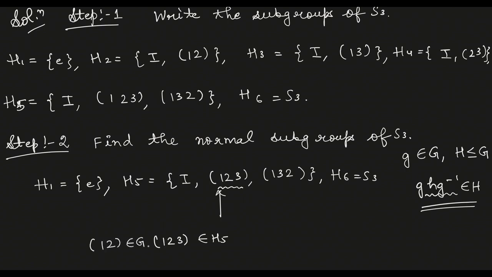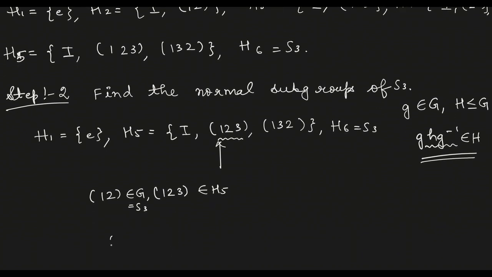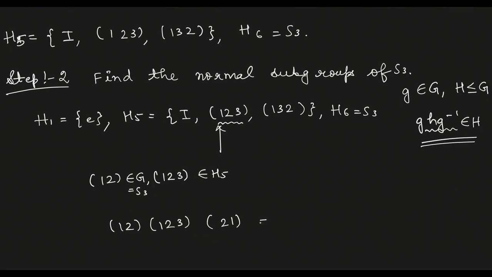Suppose I am taking (1 2). So g h g inverse is (1 2)(1 2 3) times the inverse of (1 2), which is (2 1).